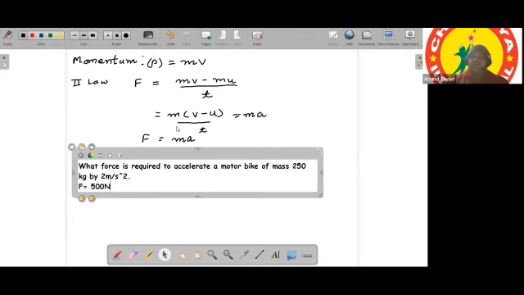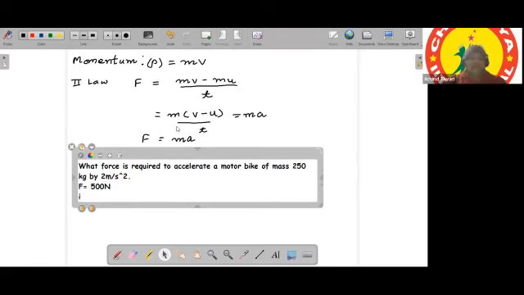Then the second part. I have the second part also.